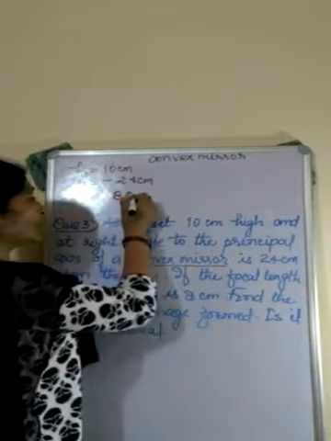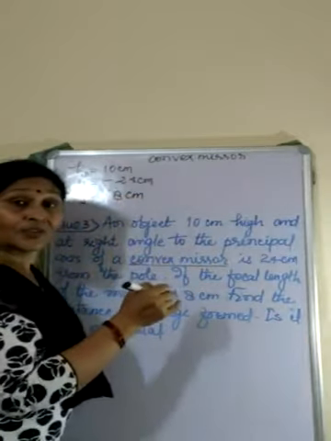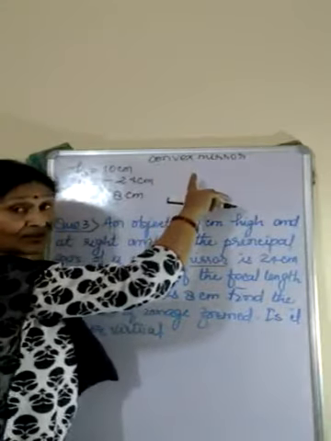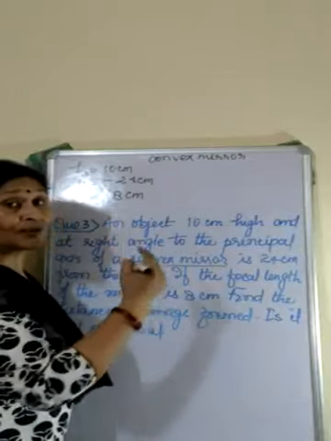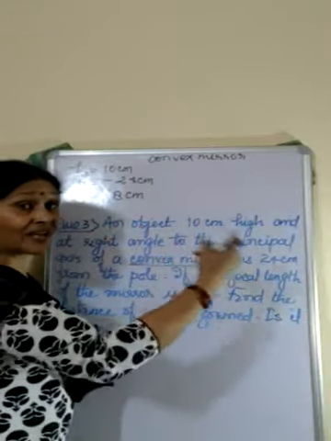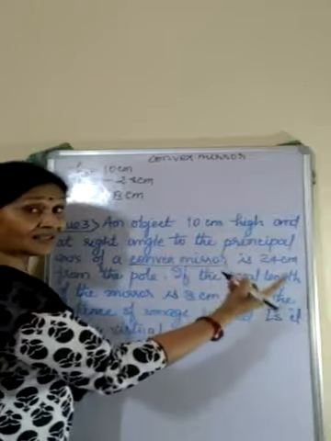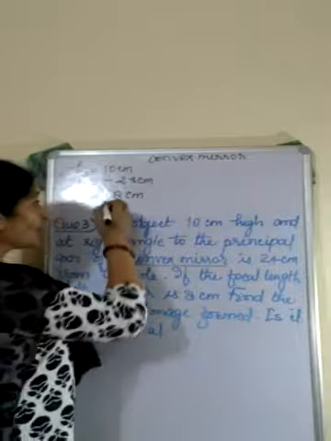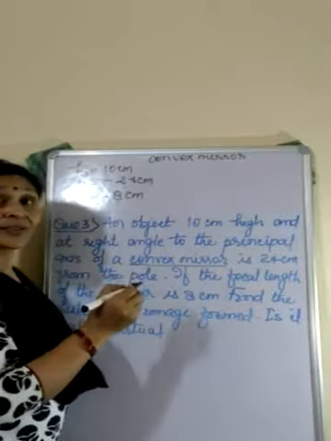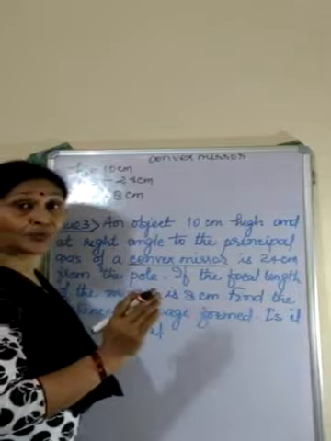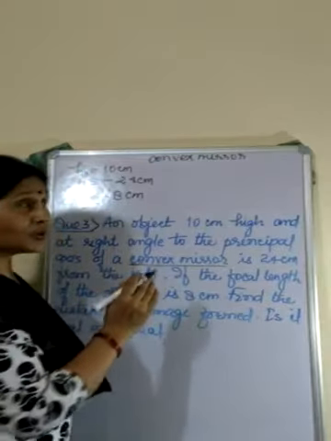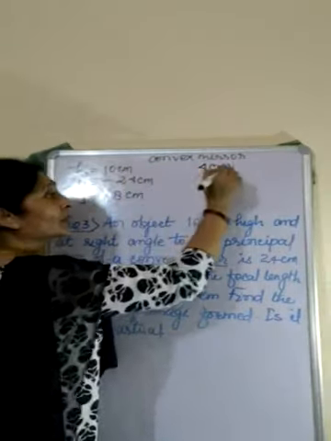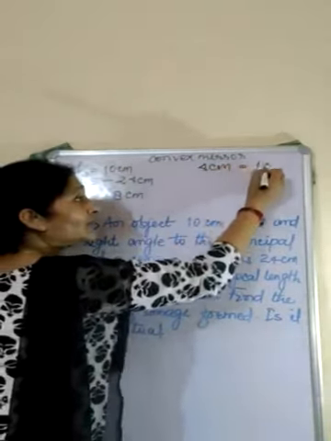Now let us think what will be the sign of the focal length in case of convex mirror. I told you the focus will be on the cave side, that is the right side in this case. Therefore, the focal length will be positive here. Now, let us choose a proper scale. Here we will choose 4 centimeter of this information will be equal to 1 centimeter on graph paper.